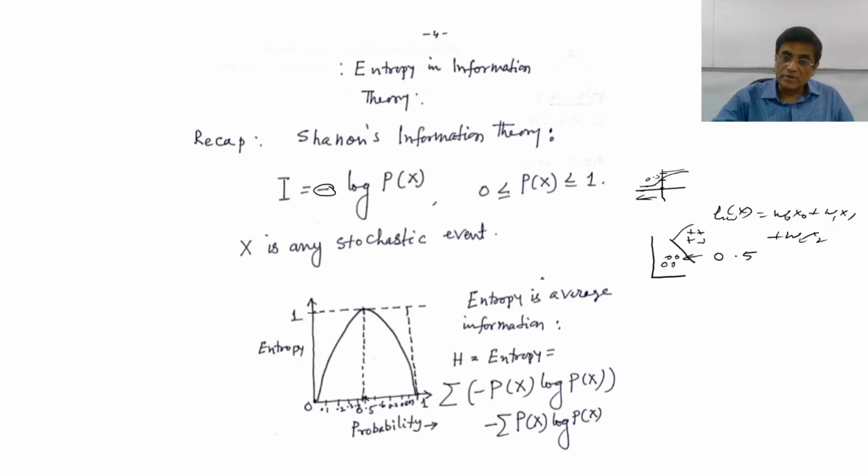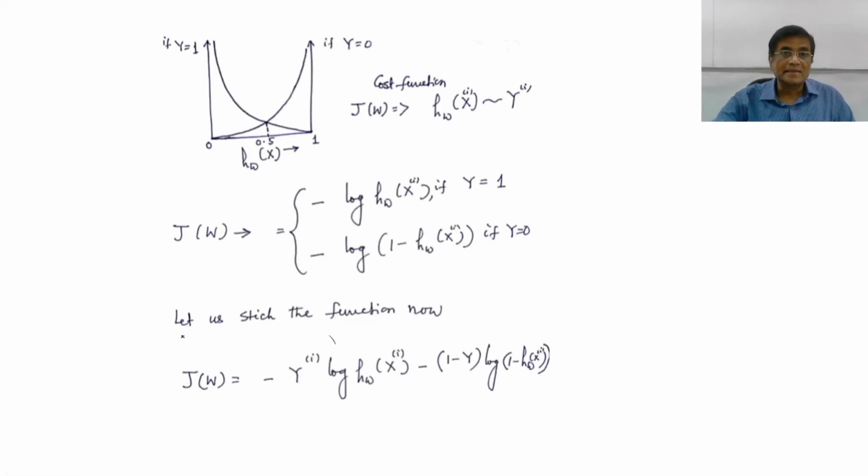Exploiting Shannon's information theory, we are convinced that 0.5 probability is a very important thing for our decision boundary, and can we exploit that in getting a function which will look like this, because this function is very great. This is again a convex function, right?